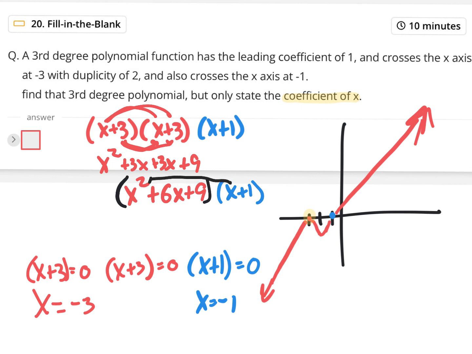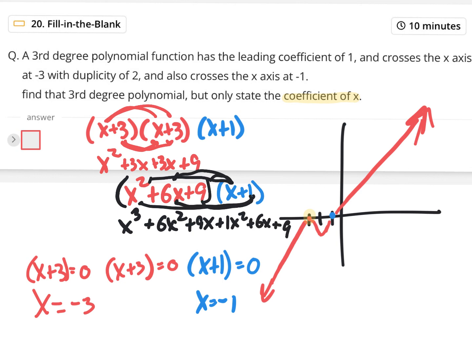x times x squared is x cubed, x times 6x is 6x squared, x times 9 is 9x. Then multiplying by 1: 1 times x squared is 1x squared, 1 times 6x is 6x, and 1 times 9 is plus 9. So let's combine the like terms. We have a 6x squared and a 1x squared. That'll be a 7x squared.